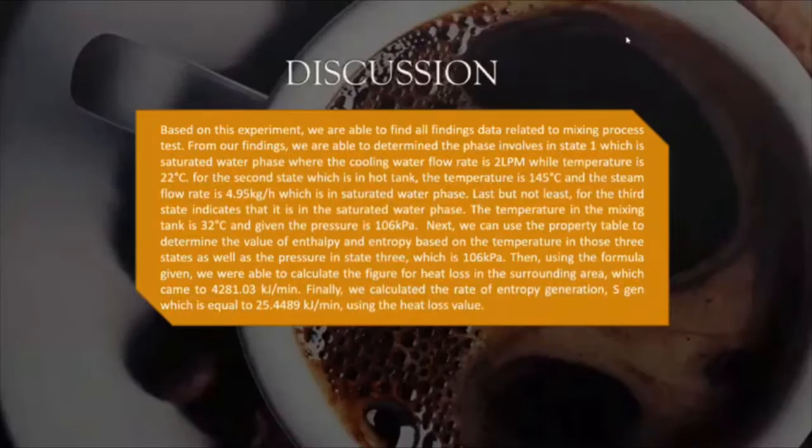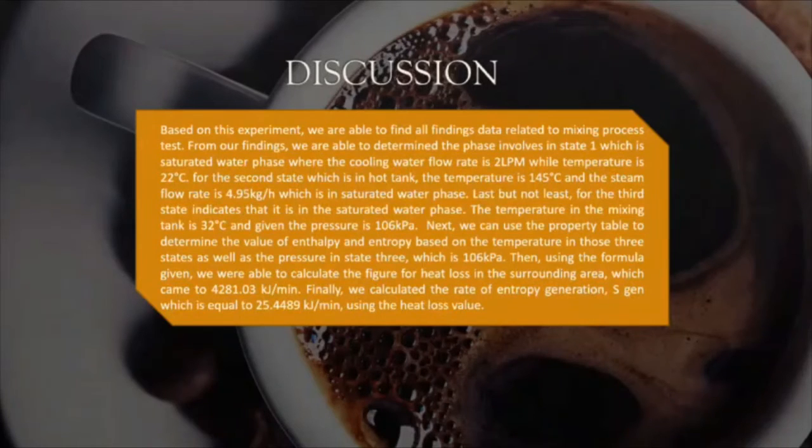Assalamualaikum warahmatullahi wabarakatuh. Today, I'm going to present about this question. Based on this experiment, we are able to find all finding data related to mixing process test. From our finding, we are able to determine the phase involved in state 1, which is saturated water phase, where the cooling water flow rate is 2 lpm, while temperature is 22 degrees Celsius.